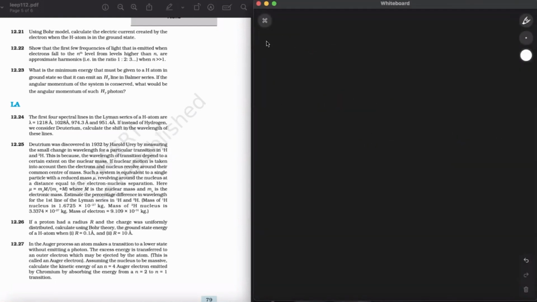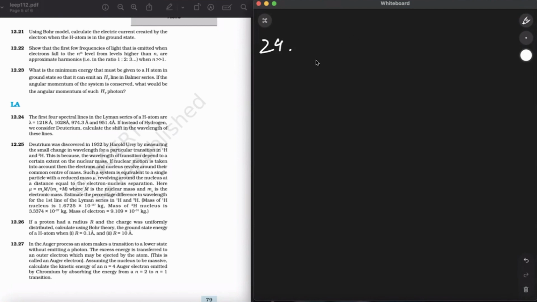Now, we have question number 24 for long answer types. So the first four spectral lines in the line series of an H atom are given. Okay. So if instead of hydrogen we consider deuterium, calculate the shift in the wavelength of these lines. Alright. So this is the question that we have.